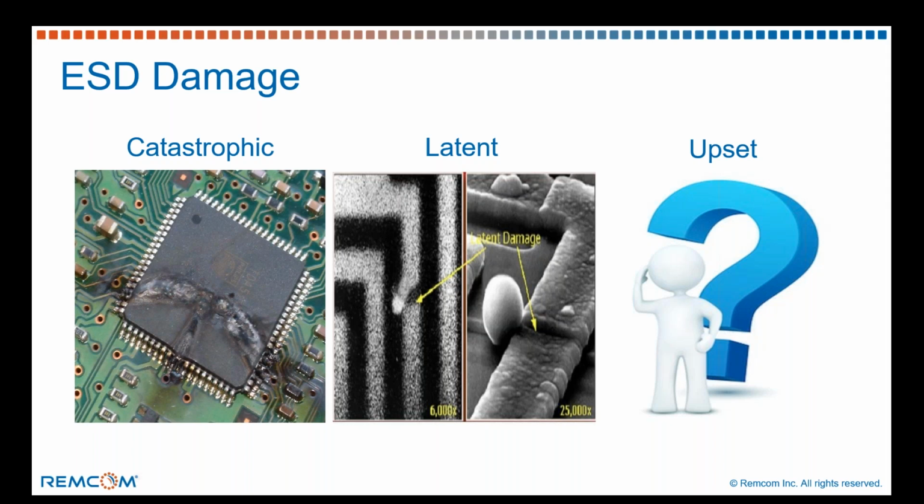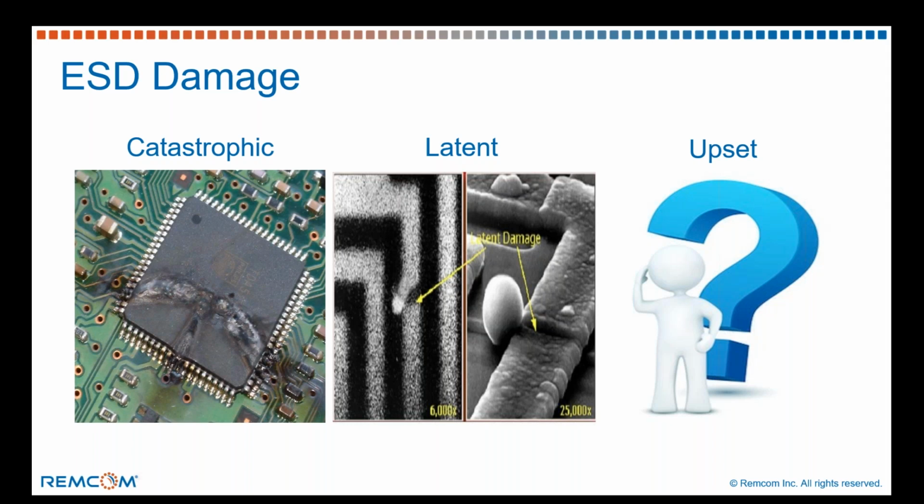Latent damage, on the other hand, is where the device will often still function appropriately, so you may not even know that the damage occurred. You can see evidence of it, but usually only under magnification.